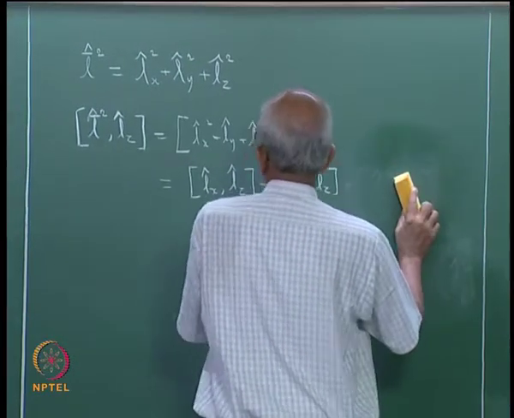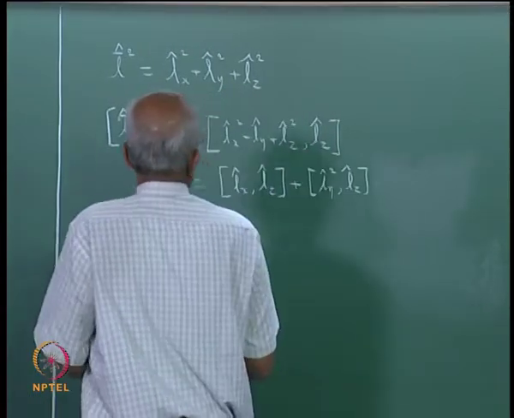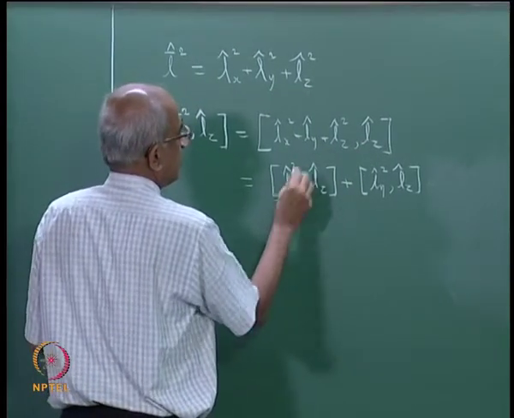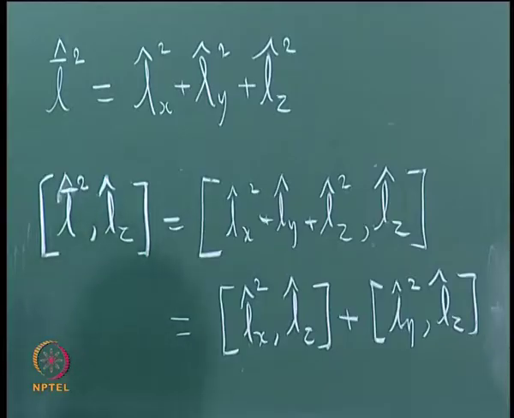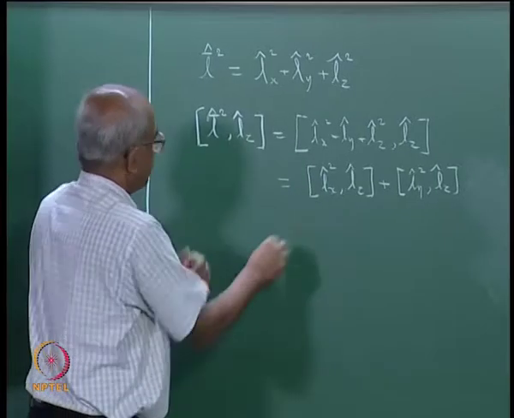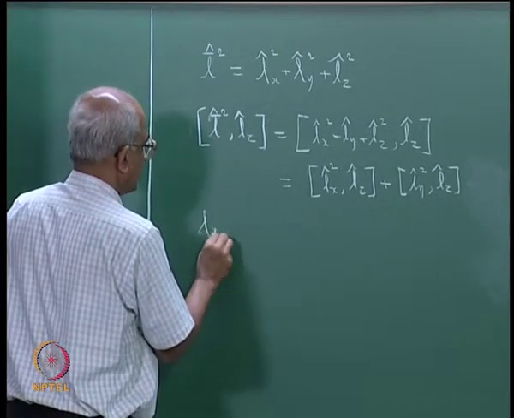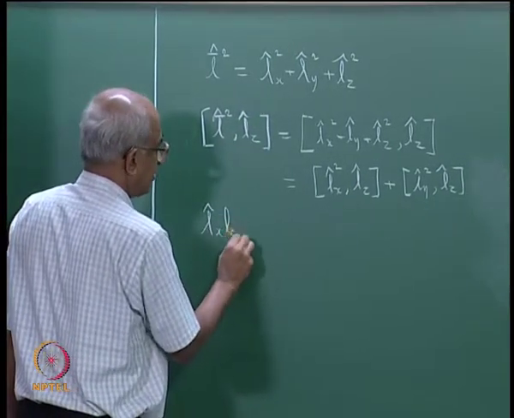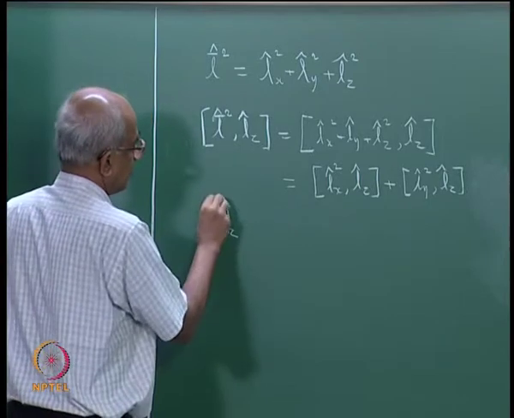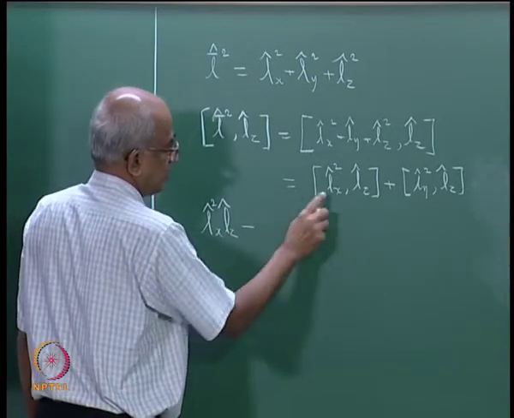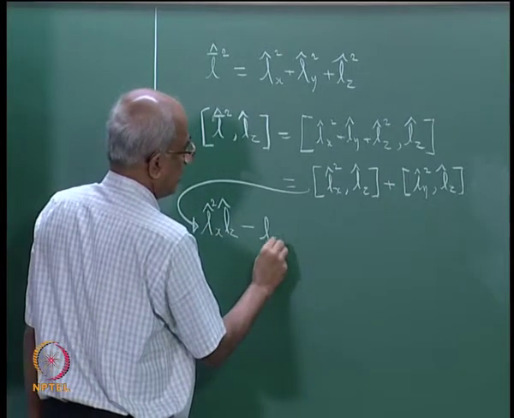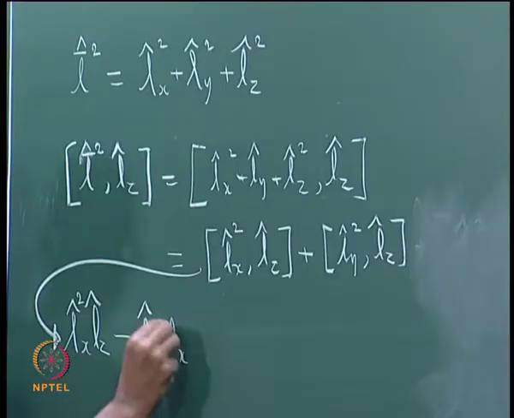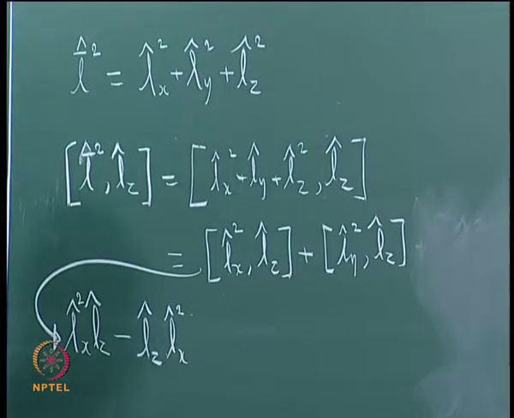and we have to calculate, well, there is a square missing here, so let me put that. So we have to calculate these two commutators. Let me calculate the first one, Lx square Lz minus, the first commutator is this, minus Lz Lx square, correct.